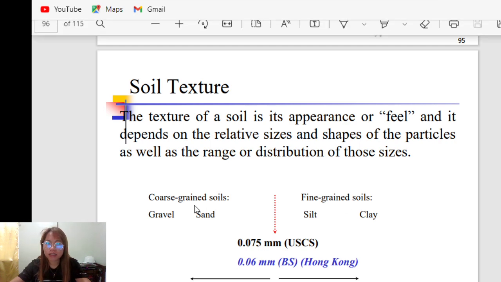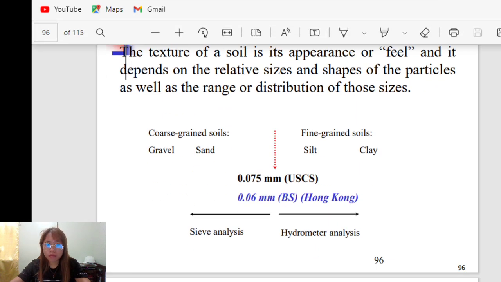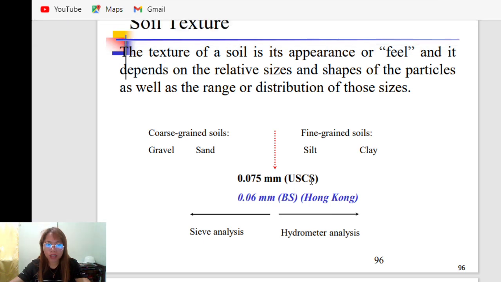So we have this standard now from the USCS, the Unified Soil Classification System, and from the British standard used by Hong Kong. There is this boundary between the coarse grained soils and the fine grained soils.